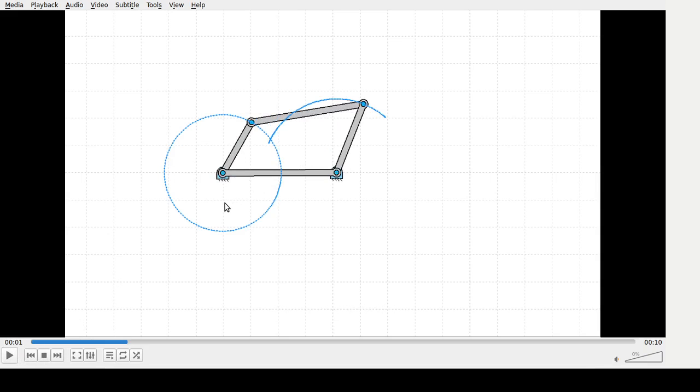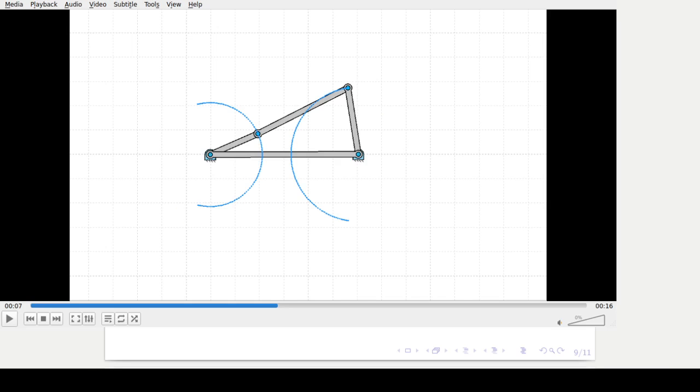Now this is also a 4-bar mechanism, and this is also a 4-bar mechanism, right? But among these two mechanisms, how can I say whether a mechanism can have a complete rotation? So what is the condition?